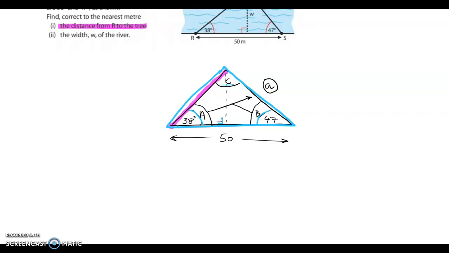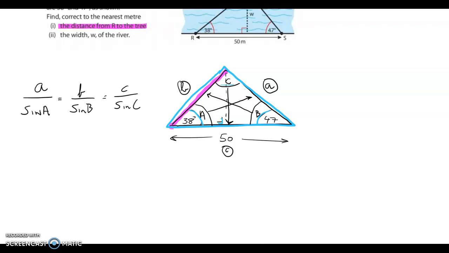And if this is big B, then this side over here is small b. And if this is big C, then this side over here is small c. Write down the theorem: a over sine A is equal to b over sine B is equal to c over sine C.